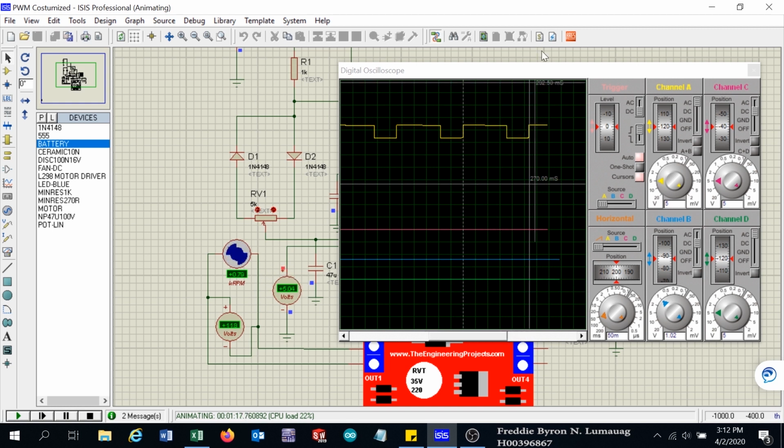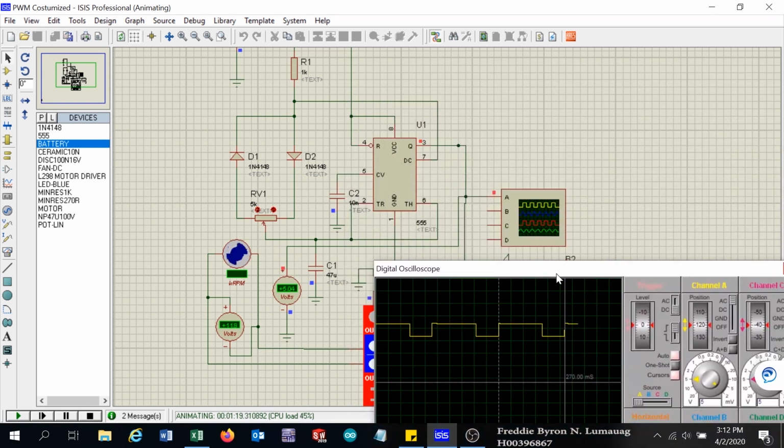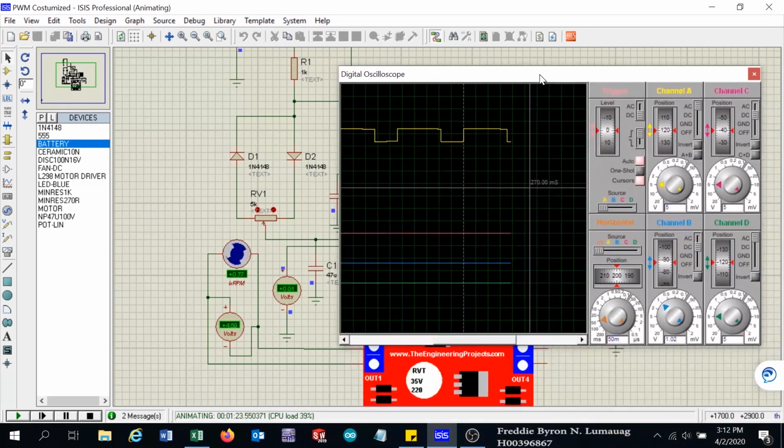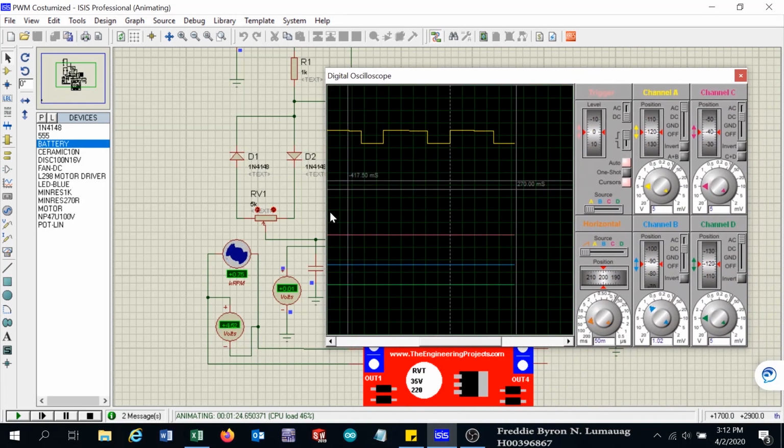This is 5 volts. See, the 5 volts here is connected to our output at Q. The amplitude of the waveform doesn't change, and also the voltage across the motor doesn't change.